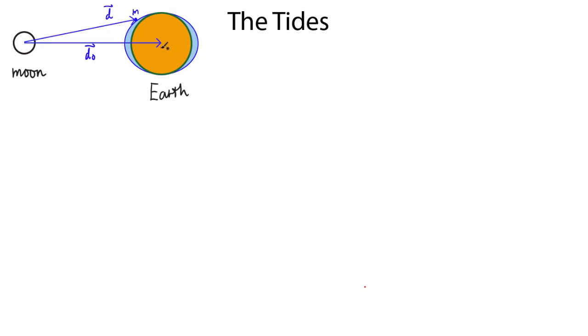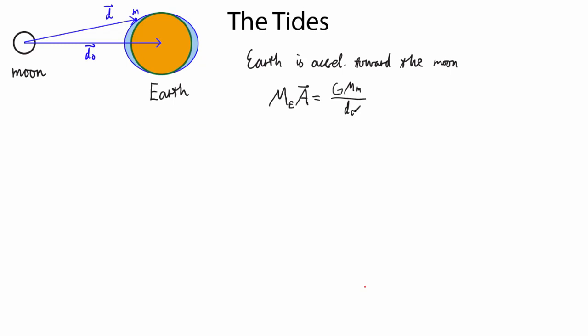Now what's going on here is that the Earth is accelerating towards the moon. If we take the mass of the Earth and multiply it by the Earth's acceleration, which I'm going to call a here, we know that that's going to be equal to G M m divided by d0 squared, right?